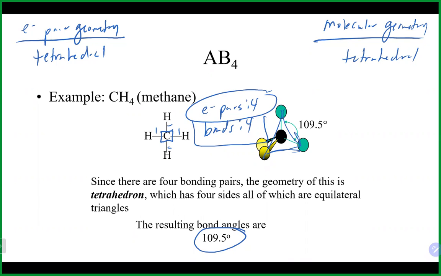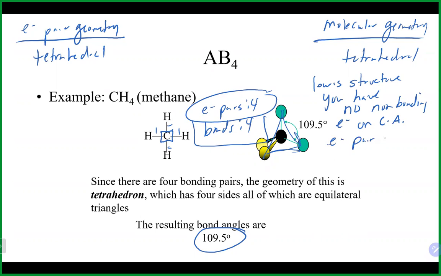So whenever you have a Lewis structure where you have no non-bonding electrons on the central atom, both the electron pair geometry name and the molecular geometry name will be the same.